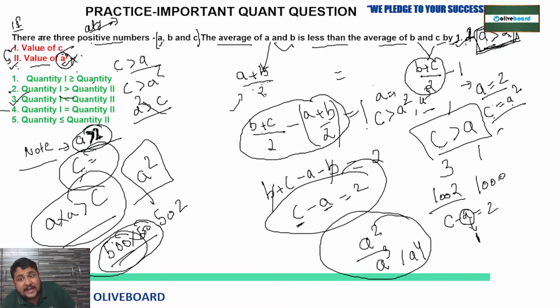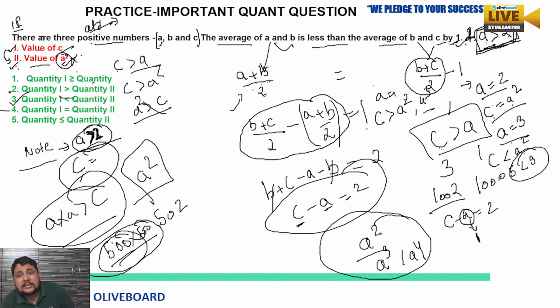But if A is greater than 2, means A is 3. So in this case, what condition are you going to see? In this case, C is going to be less than A square, because C is 3 plus 2, 5. And A square means 3 square is going to be 9.